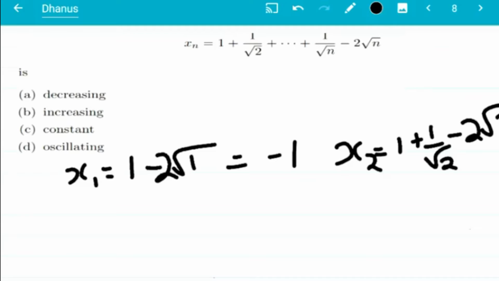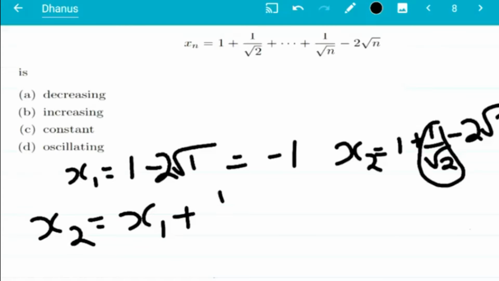Anyway, we can check what we are adding with each term. x2 equals x1 plus, we are adding this term 1 by root 2, and we are subtracting this term.